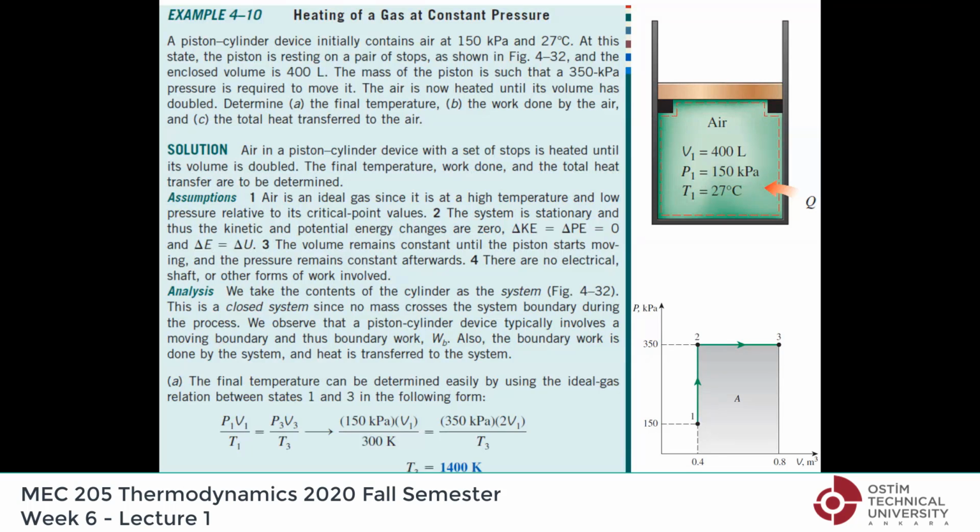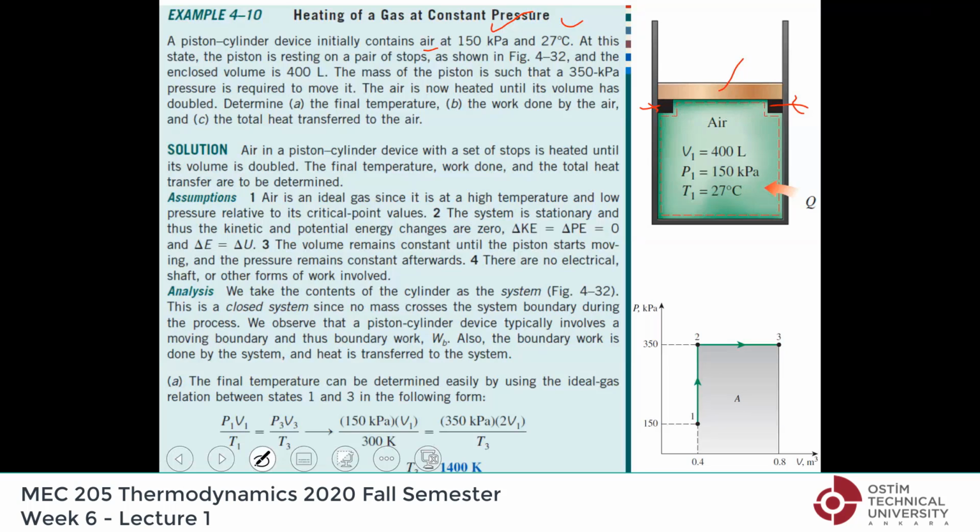Now, here we have a piston-cylinder device initially containing air at given pressure and temperature. At this state, we have this piston sitting on top of two stops, as you see here. So it cannot fall. There are stops there.